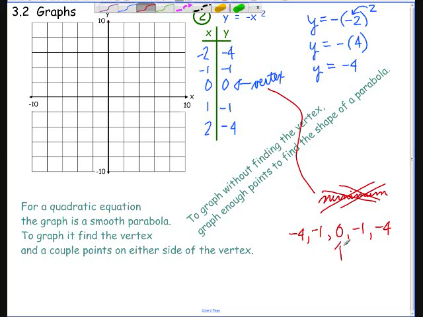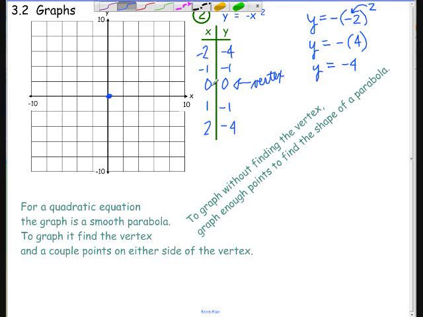This is, yes, you said it, maximum. And I've got x is -1, y is -1.